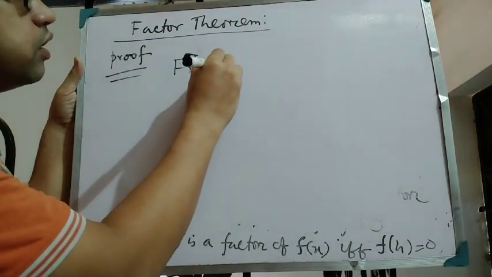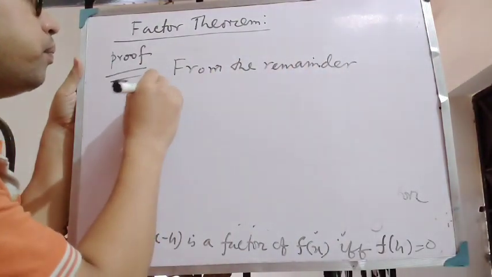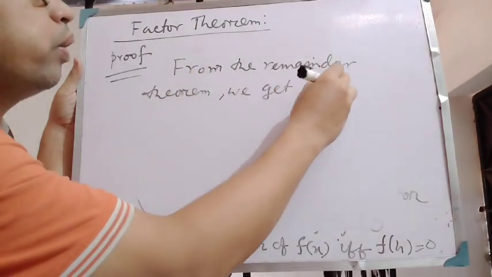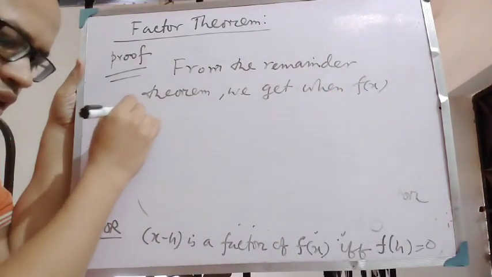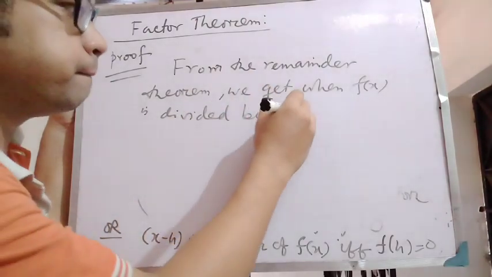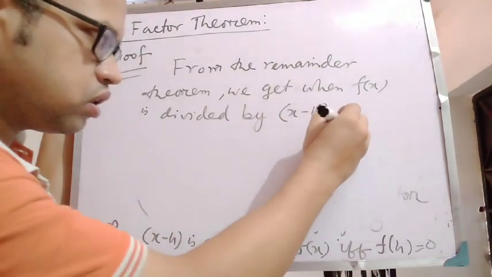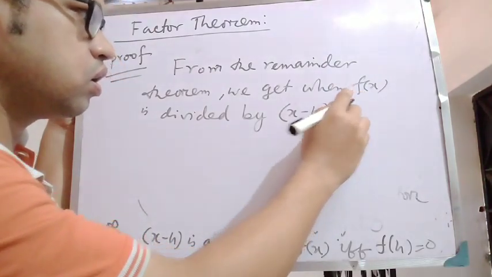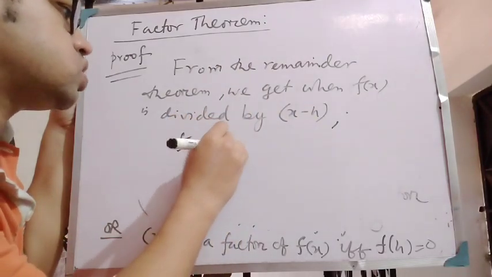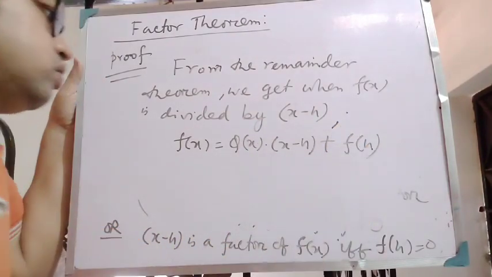From the remainder theorem, we get when f(x) is divided by x minus h, f(x) equals q(x) into (x minus h) plus f(h).